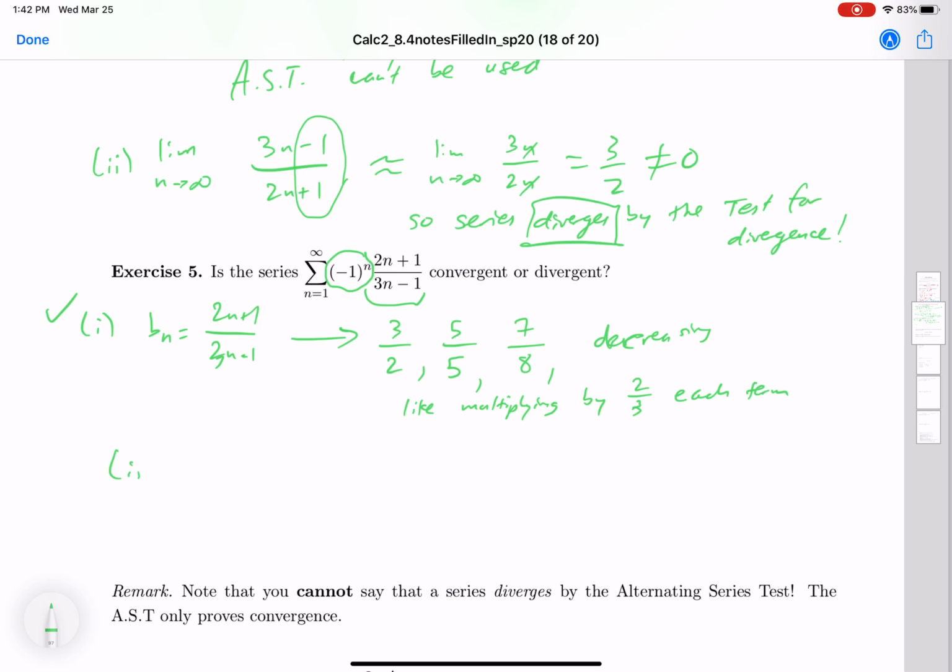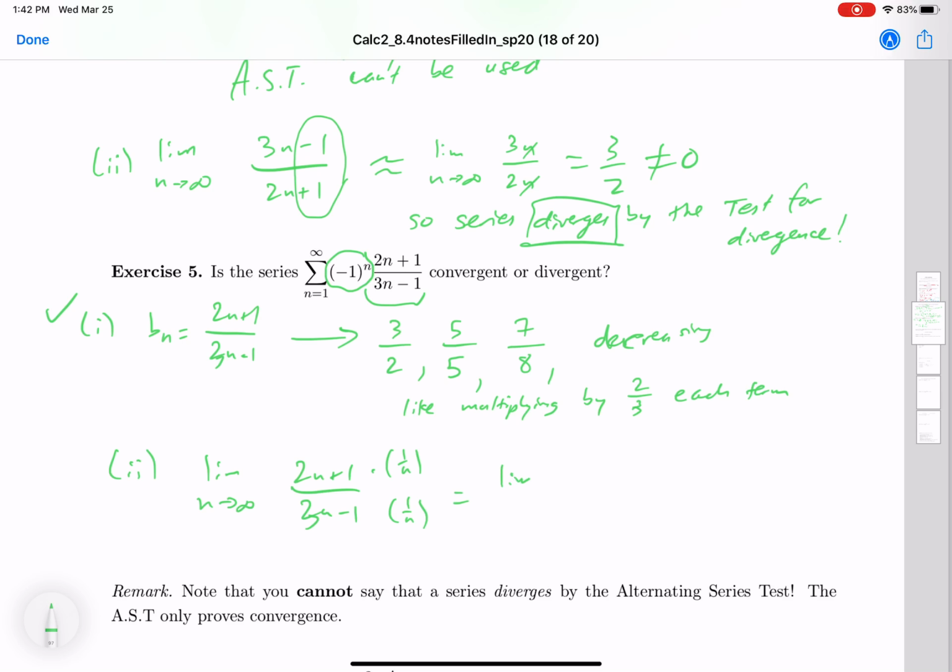Ding! Part 2, what is the limit as n goes to infinity of 2 to the n plus 1 over 3 to the n minus 1? You can look at this just like we did above and say, oh, it's going to be like 2/3, or 2n over 3n. If you wanted to be completely precise, you would multiply top and bottom by 1 over n.